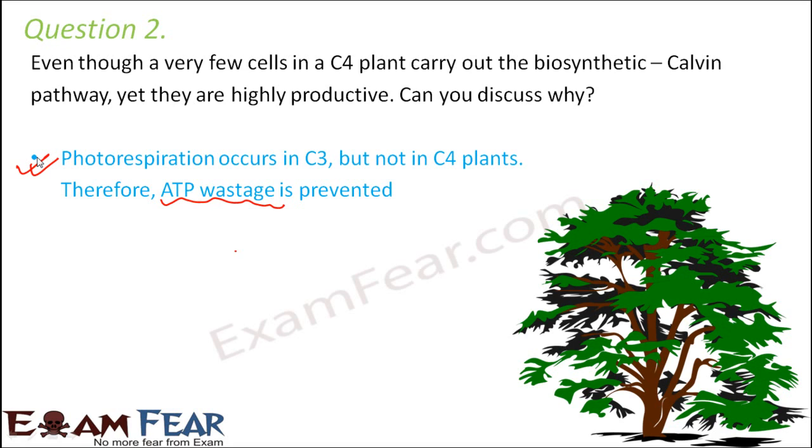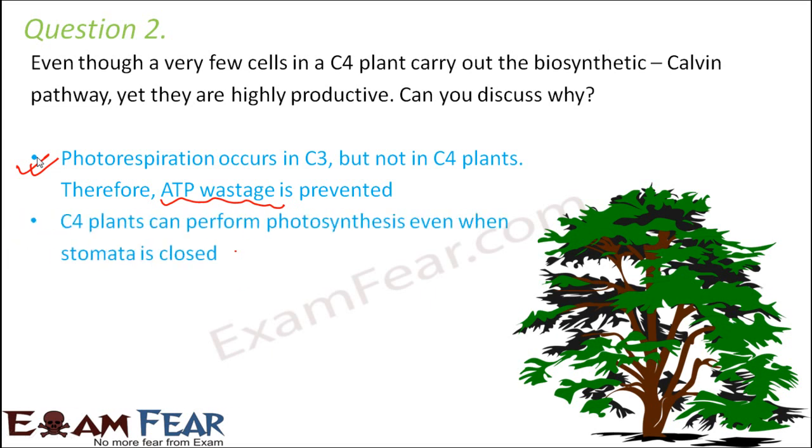Again, when you talk about the process of photosynthesis, in case of C3 plants, it takes place only when the stomata is open. But in case of C4 plants, it can also take place when the stomata is closed. So that means it is able to produce some more ATP. So they can perform photosynthesis even when stomata is closed. So they are able to produce more, and that is why they are more productive when compared to C3 plants.